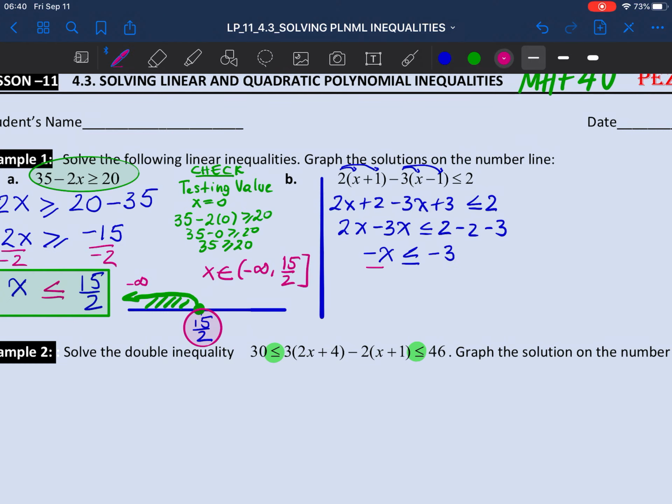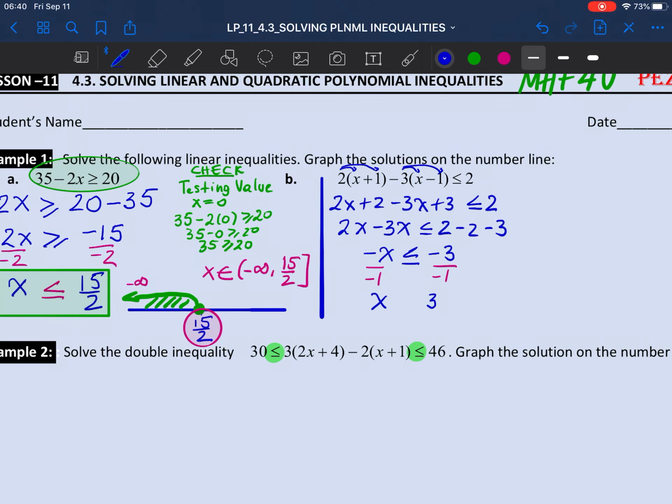One last step we need to follow. X has a coefficient different than positive 1, so we need to get rid of that coefficient. We can either divide or multiply by a negative 1 here. And that will leave us with x on the left, positive 3 on the right.